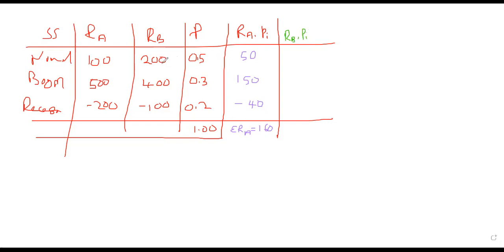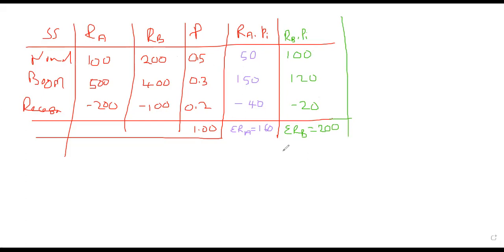Excellent. 200 times the probability 0.5, what do we get? 100. 400 times the probability here, what do we get? 120. The negative 100 times 0.2, what do we get? Negative 20. Then the expected return for asset B, what do we get? We get 200. So this is how we get the expected return for asset B.